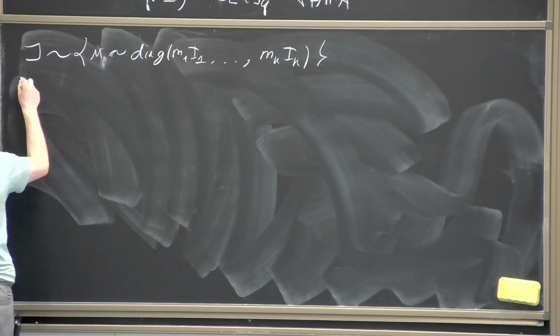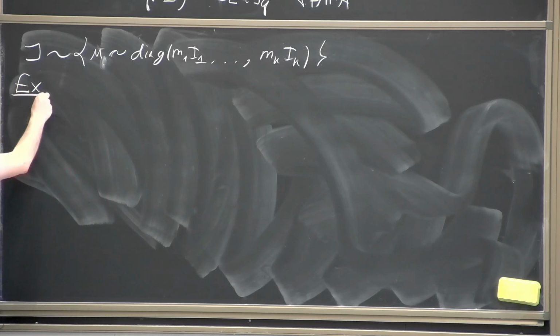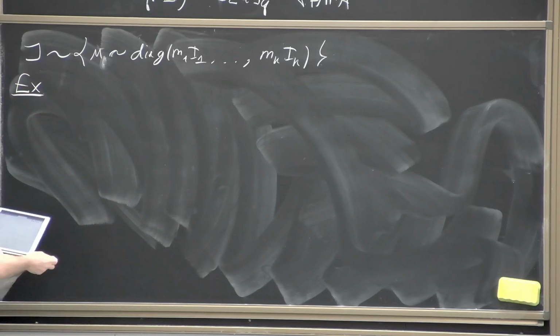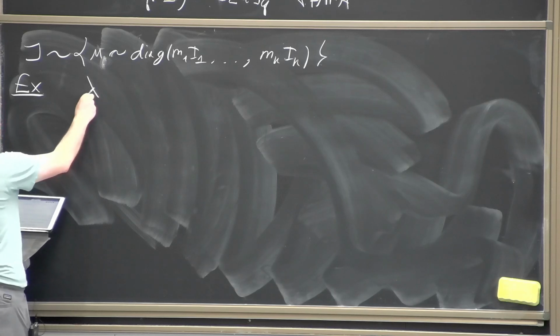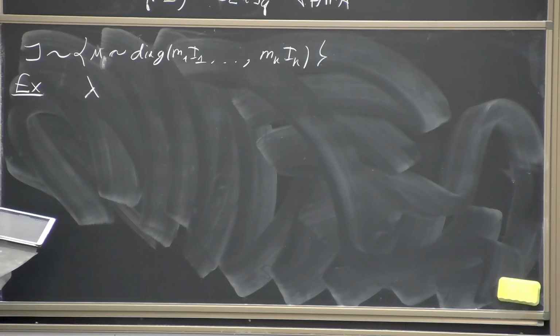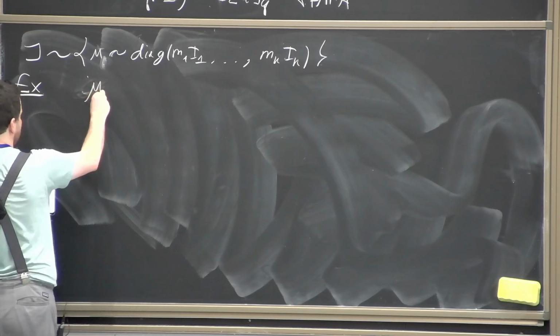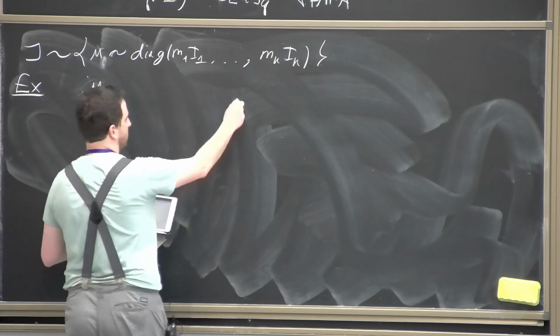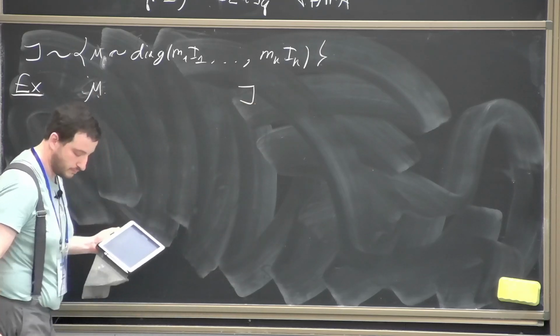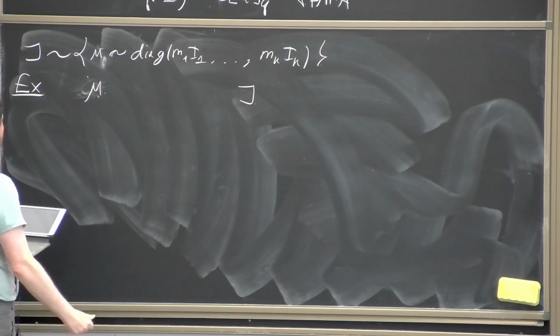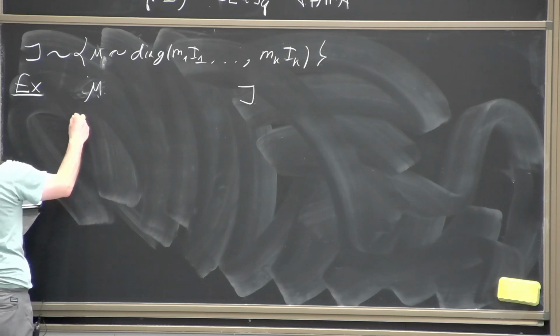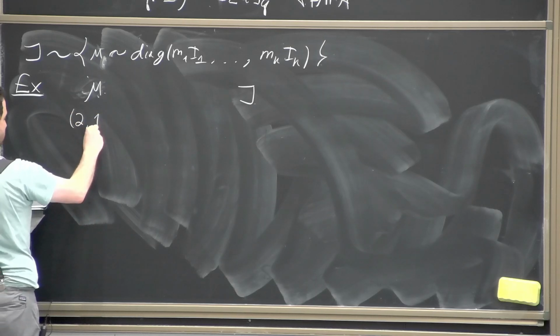And how does this ideal look? Let me give a couple of examples. I first draw the partition, which is mu, and then the ideal. It will be a partition of 4.